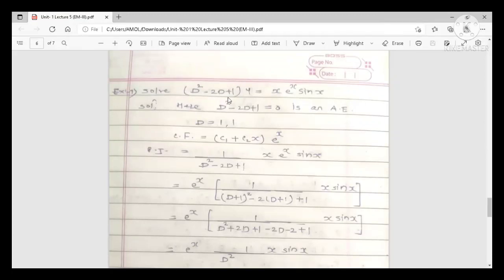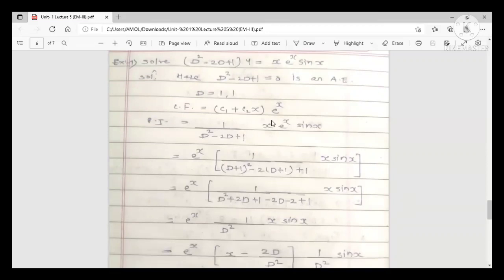Solve d square minus 2d plus 1 into y is equal to x into e raised to x into sin x. This is the first example. Here it is in reduced form phi of d into y is equal to f of x. So you equate phi of d equal to 0 to get the auxiliary equation, that is d square minus 2d plus 1 is equal to 0.